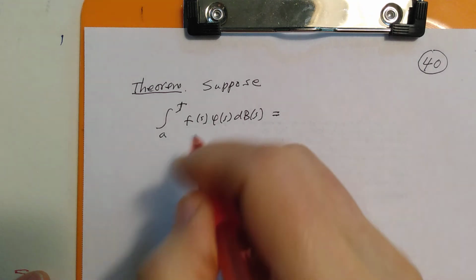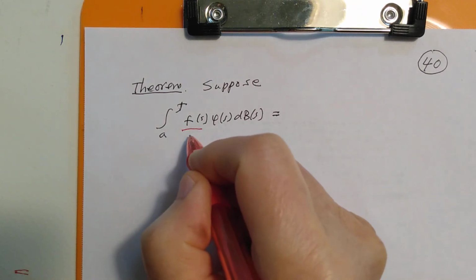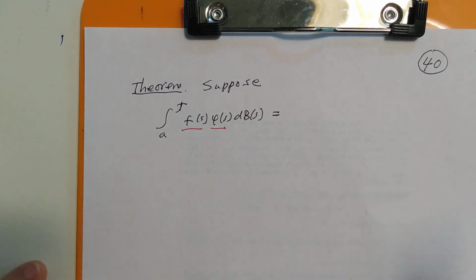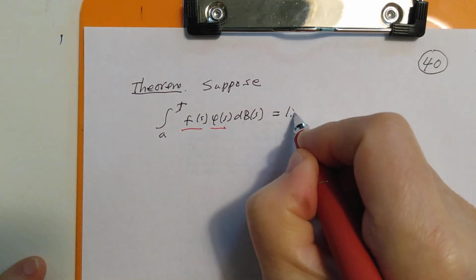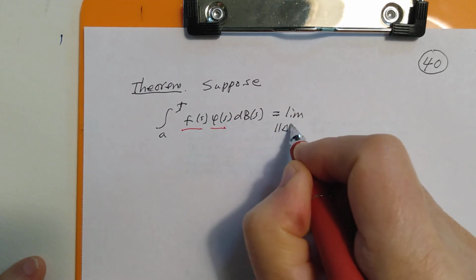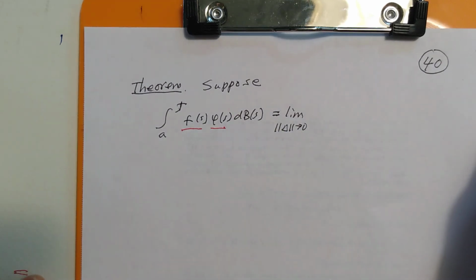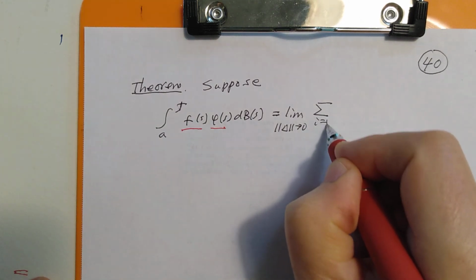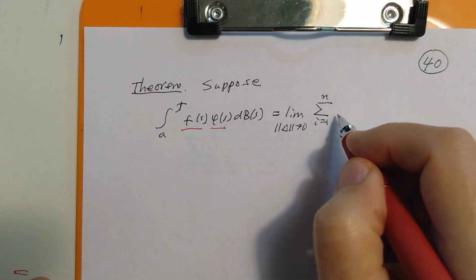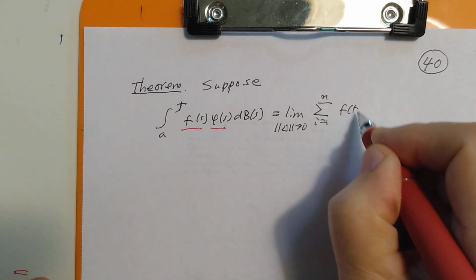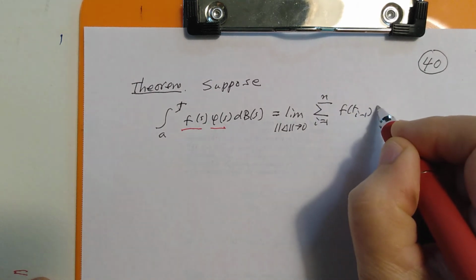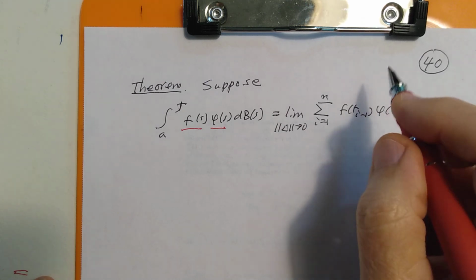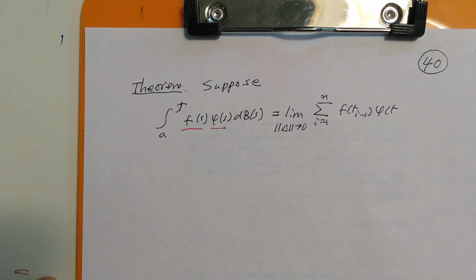Here I don't write it, but it is understood f is adapted and phi is instantly independent. And the definition says that this is the limit as the mesh of the partition goes to 0 of the summation i from 1 to n of f of t sub i minus 1 times phi t. Okay, so I start.